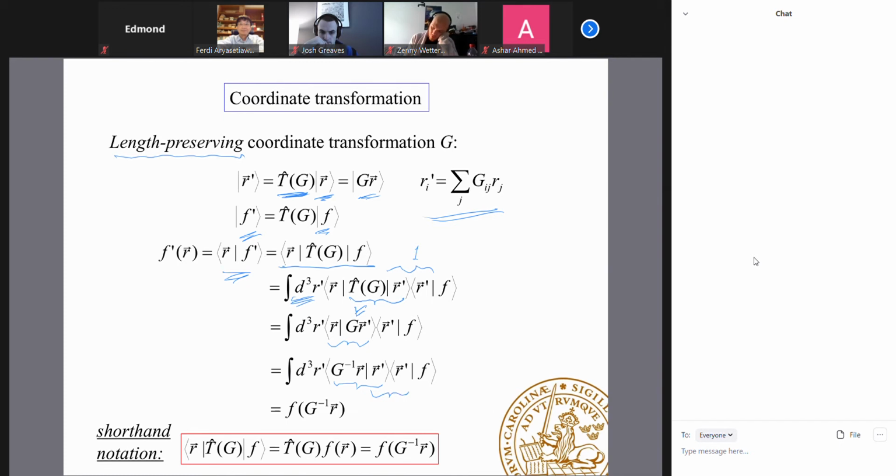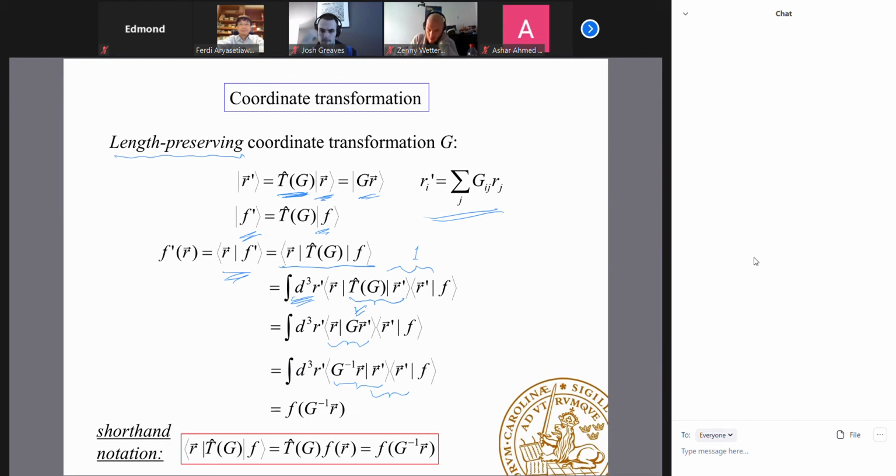So then we get this f of g to the minus 1 r. Yes. So that's what happens when we rotate the function, the state, and then we look at the state at the position representation, then the function is equal to the original function, but with a coordinate rotated by g to the minus 1.